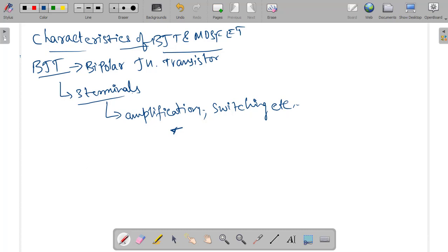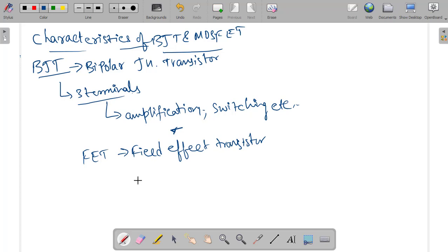You have one more transistor, that is FET. It is field effect transistor. It is also a type of transistor. BJT is bipolar junction transistor and FET is field effect transistor.